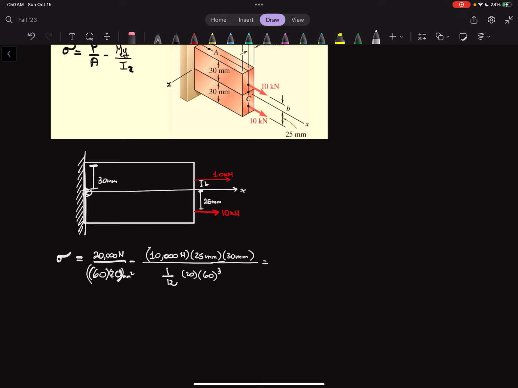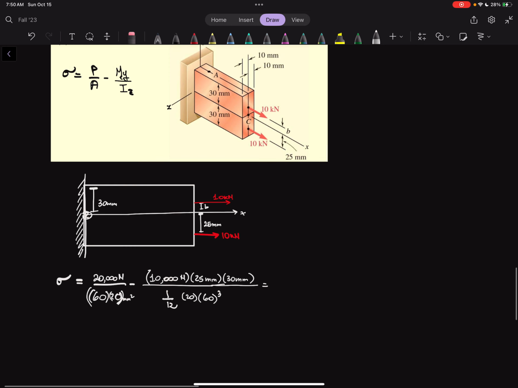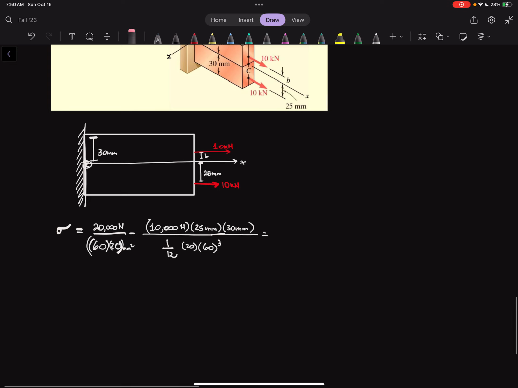Now, the only thing that you have to be careful of is if this moment is going like this, then with the right-hand rule, my moment vector is pointing this way, which means the moment is positive because it's in the positive z direction. Otherwise, I'd have to put negative. So that's something to keep track of. So let me see if I inputted everything correctly into the calculator.